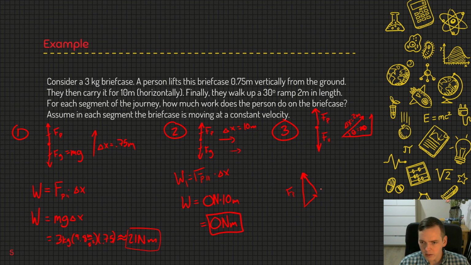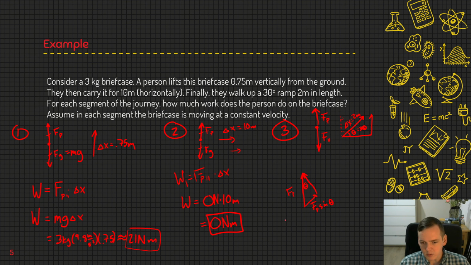Looking at that, this will be 90 minus theta, which makes this theta. So it will be FP sine theta in this example. That's just from reasoning out what the angle theta is, which I figured out by drawing my triangle and knowing that this bit right here is 90 minus theta, which means that top angle becomes theta.